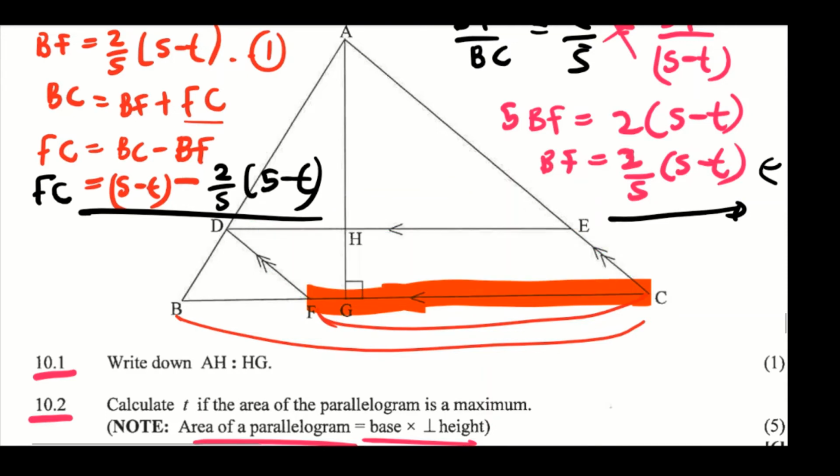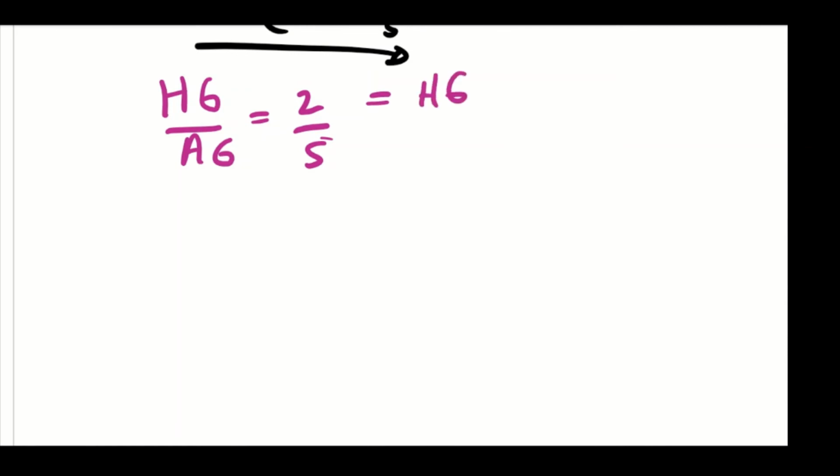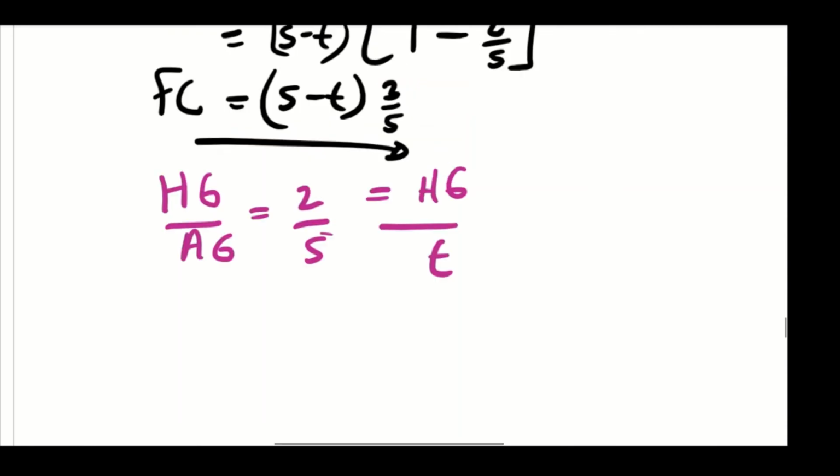So for us to find HG, we know very well that HG over AG is equal to 2 over 5, right? Which is equal to HG over, so HG is equal to t. We were given that it's equal to t.